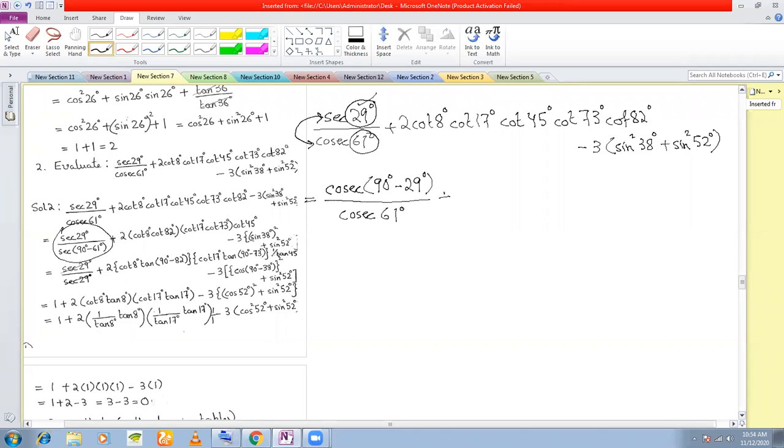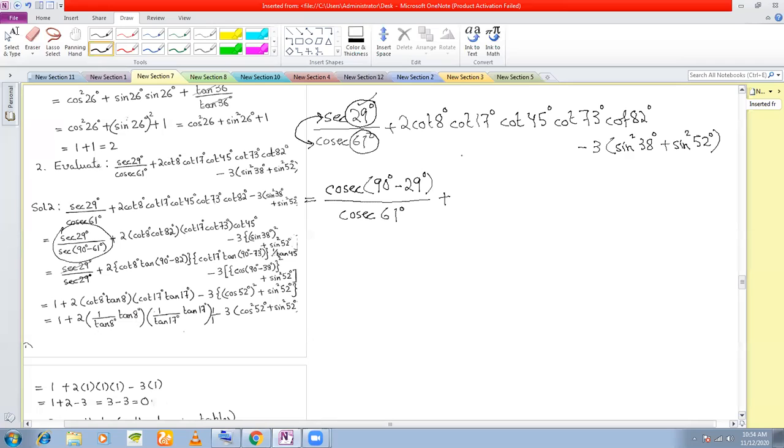Okay. Next, if you see the next part of the expression, there are a lot of angles and all are cot. Now, what you must observe is, again, the two things you need to keep in mind. The first thing, which two angles total up to 90 degree. And the second thing is that tan can be changed to cot and cot can be changed to tan.